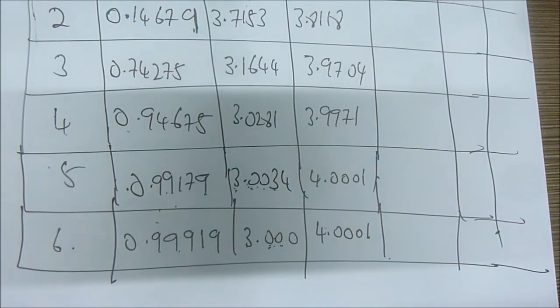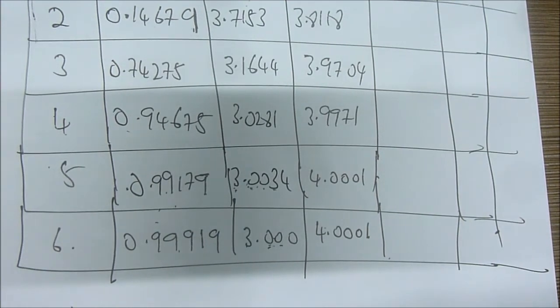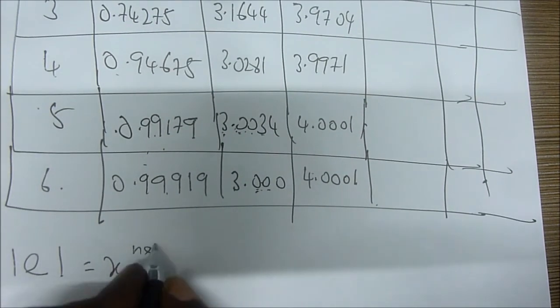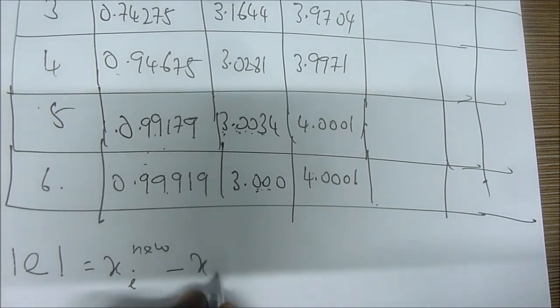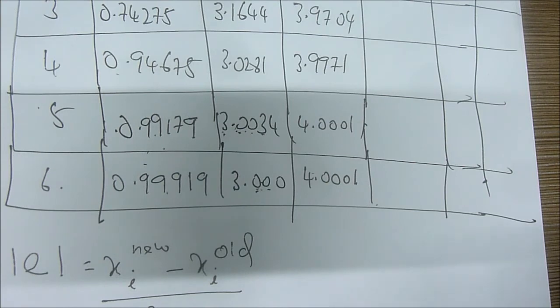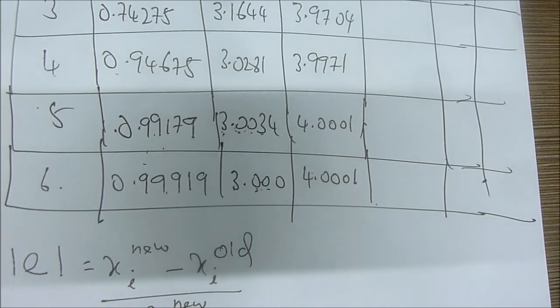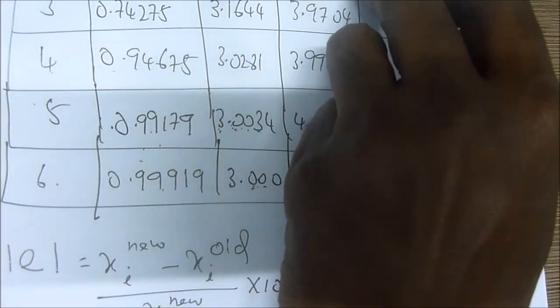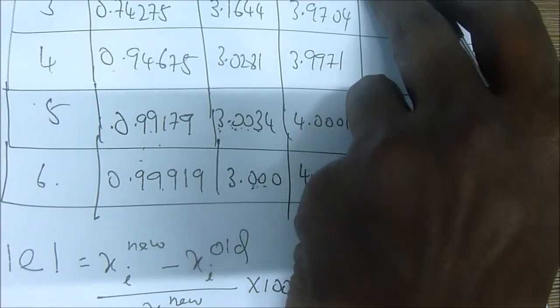You need to use what we call error here: xi new minus xi old, divided by xi new, times 100, and you will get a certain percentage. You can write the percentage here. This much percentage, the error is there.